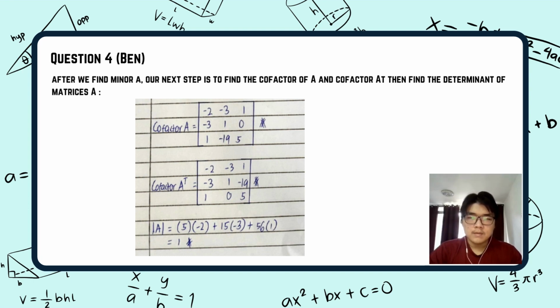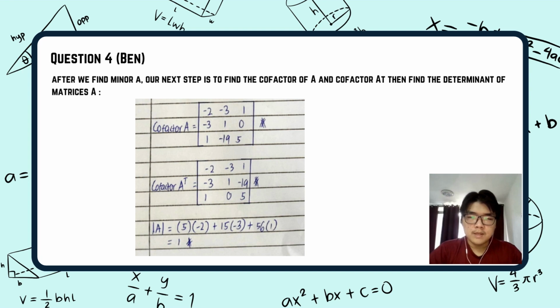After we complete our cofactor A, we proceed to cofactor A transpose. A transpose is actually quite easy. It is basically our row becoming our column. For example, our first row is negative 2, negative 3, and positive 1, right? So we convert it to our first column.